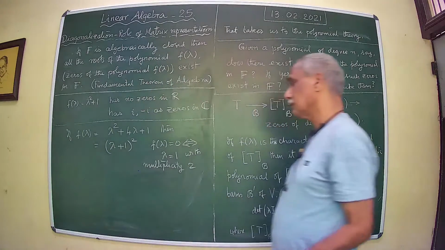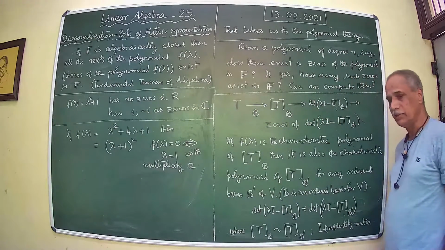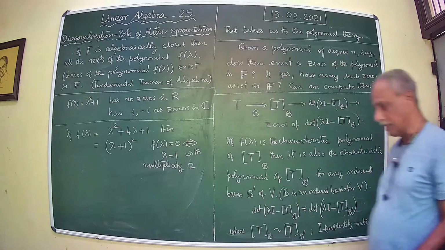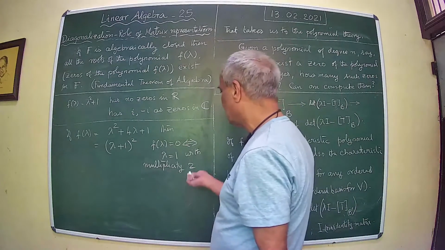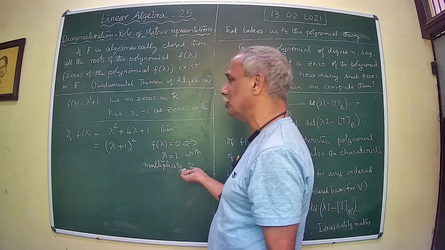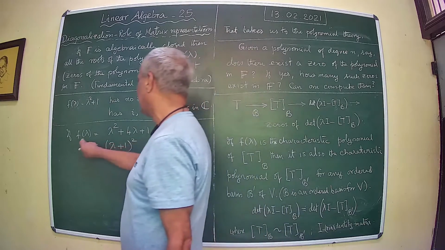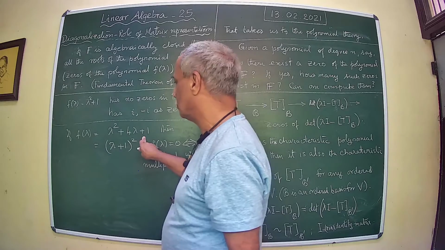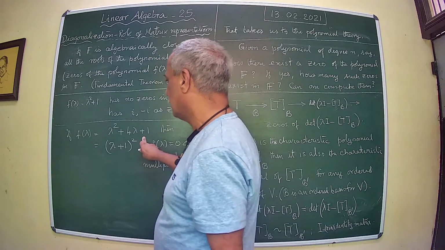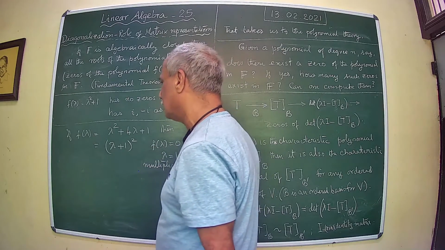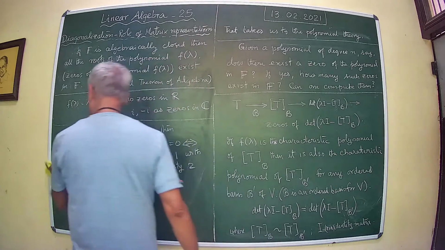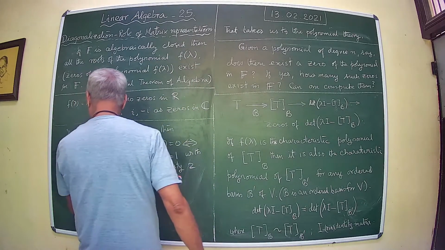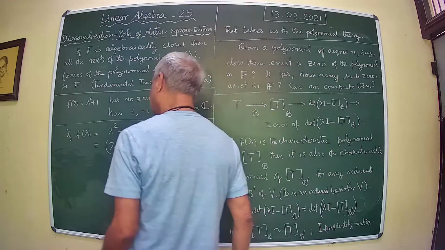That means there are situations where the field may not be algebraically closed, because you can even ask the same question in Q, since this is a polynomial of degree 2 with coefficients in Q. Then you see that all the roots are in Q itself, although Q is not algebraically closed, or R is not algebraically closed. Okay?